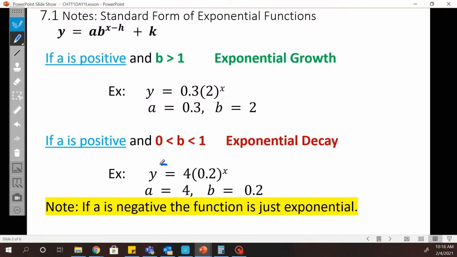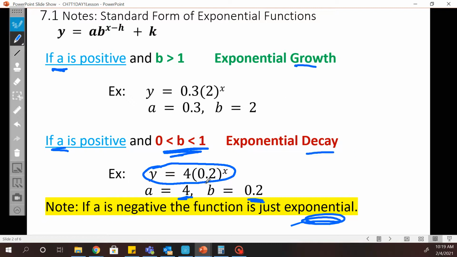The next equation would be an example of exponential decay because the a value is positive, a is 4, and the b value is between 0 and 1. It's 0.2, that's between 0 and 1, which means that it's decreasing. If the a value is negative, then we don't refer to it as growth or decay, we just say that it's an exponential.